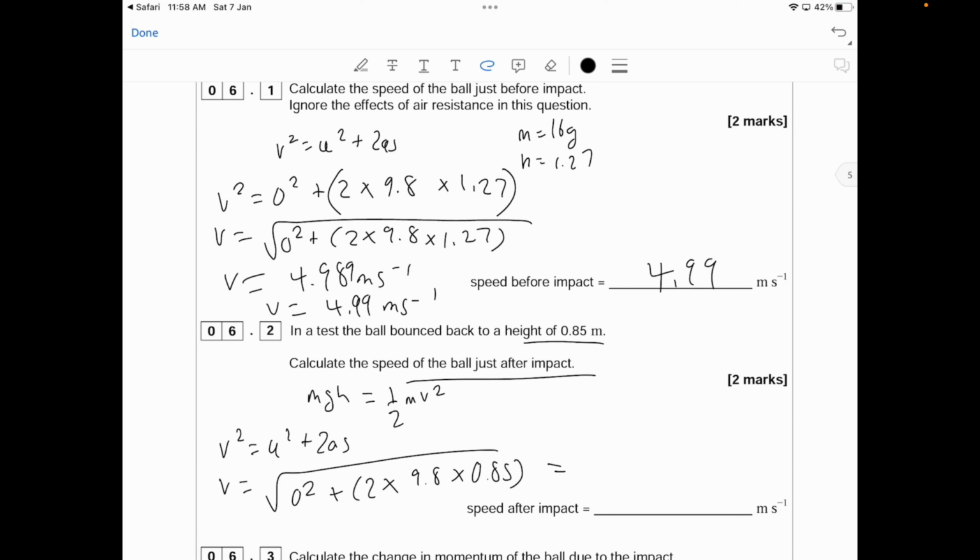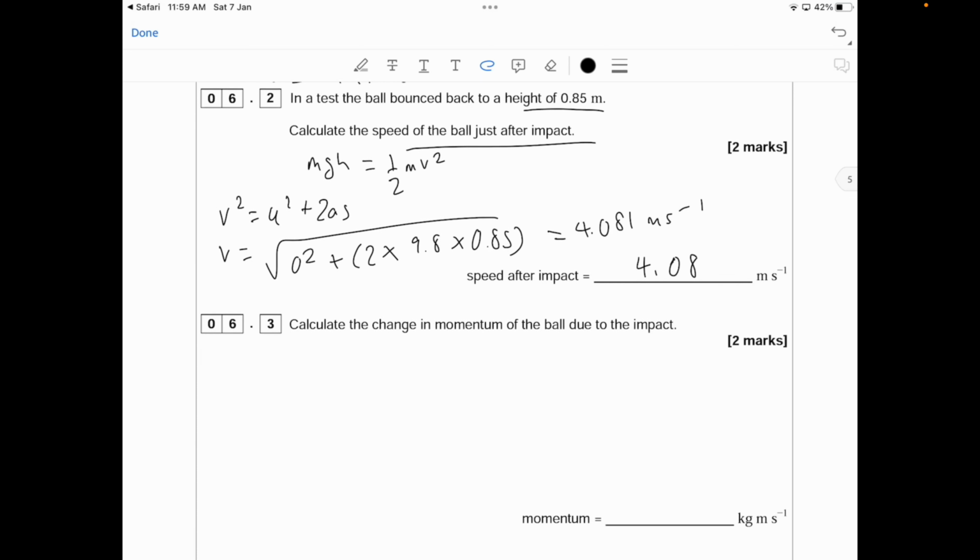In this case, they gave us the height, so we can plug these values into our calculator. We're going to get 4.081 meters per second. So this is the speed after impact, 4.08 meters per second.